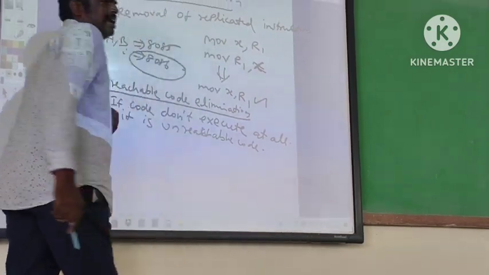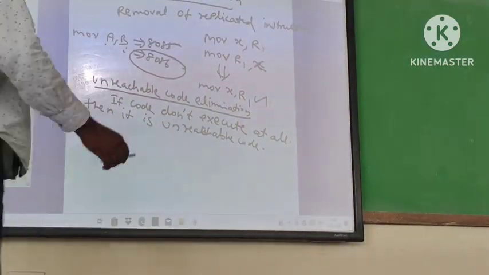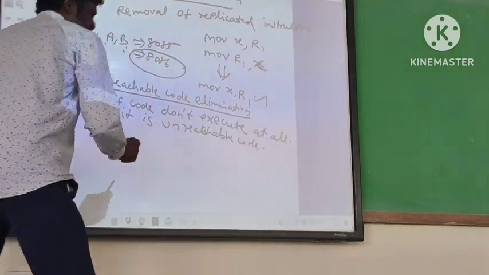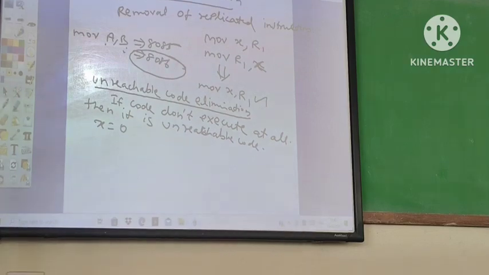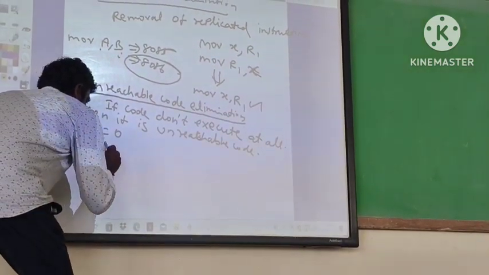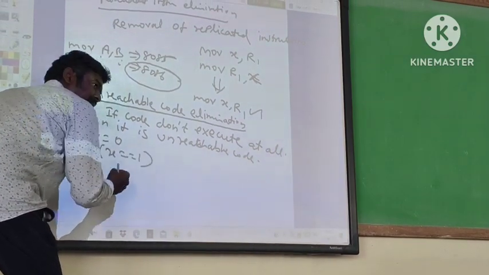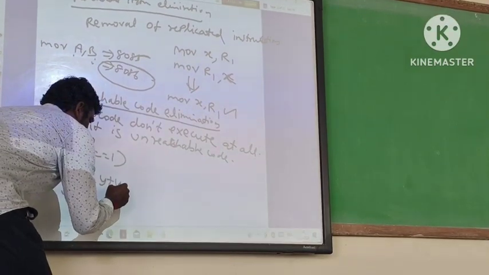You write your own examples. Understand the concept, then write your own examples. Say for example, I make x equal to 0. Now I make a statement: if x is equal to 1, I make y equal to y plus 10.